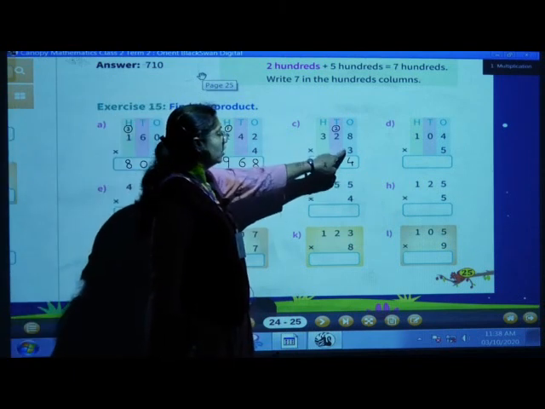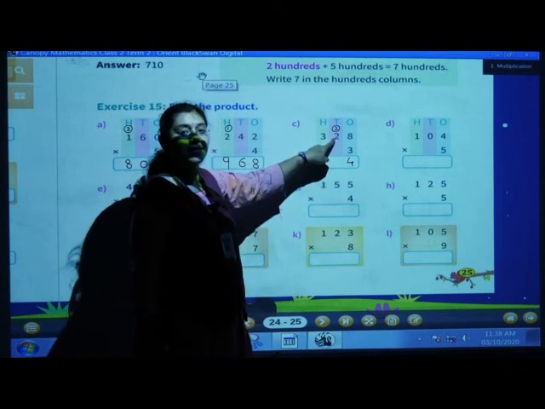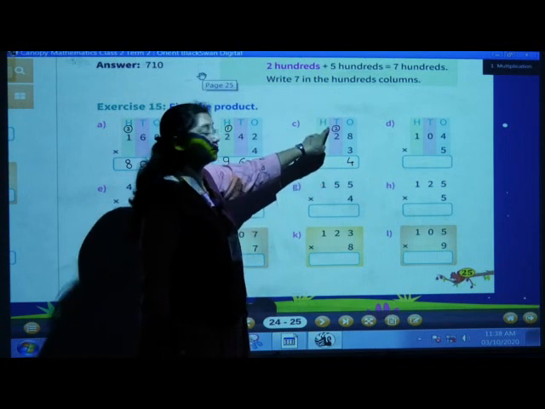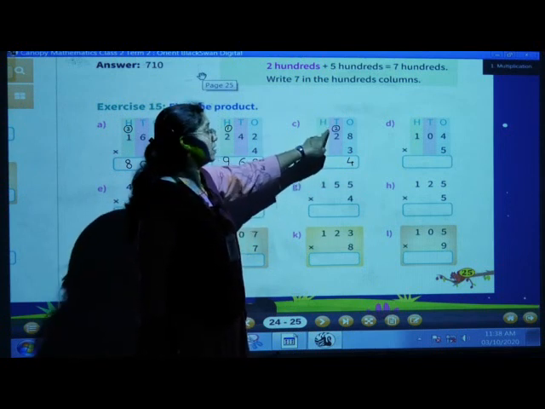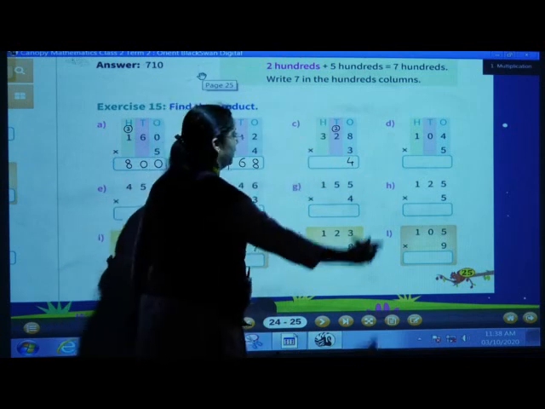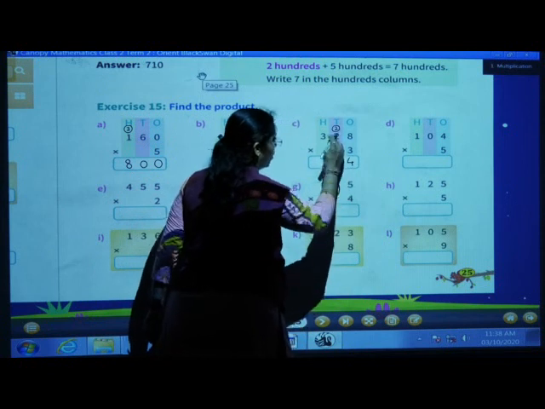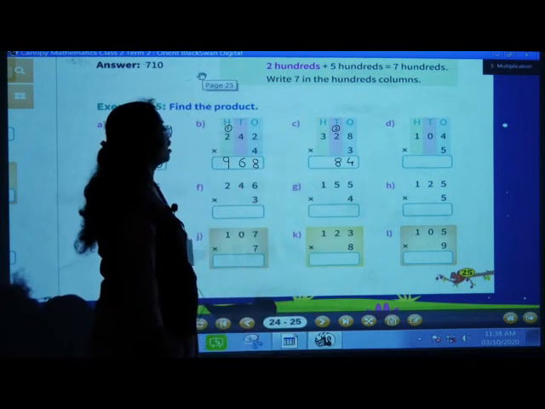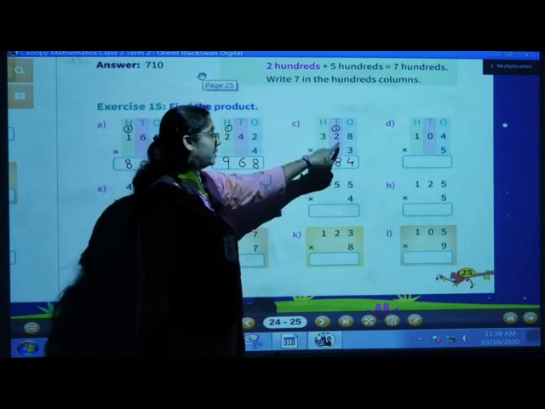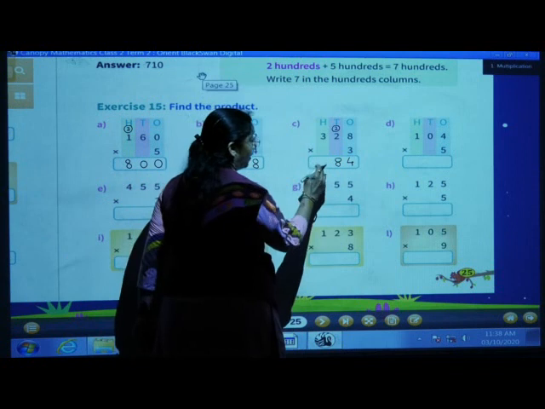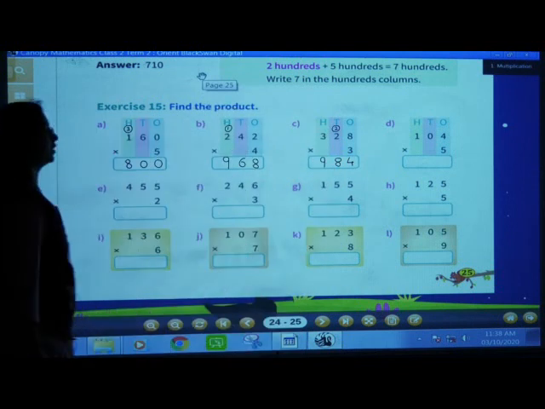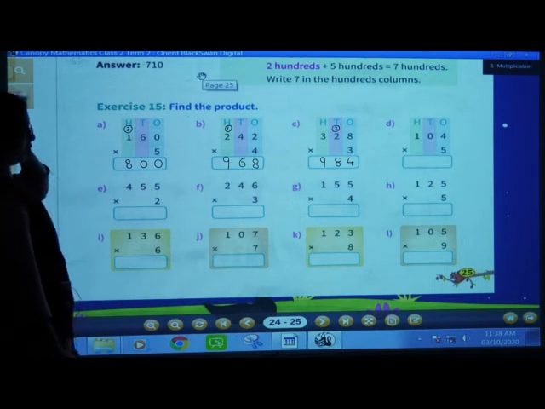Next, 3 twos are 6 plus we have to add this 2. 6 plus 2, 8. 8 we have to write in the tens column. And last, 300 multiplied by 3. 3 threes are 9. 900 means we have to write 9 in the hundreds column.